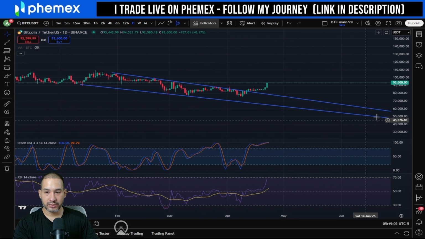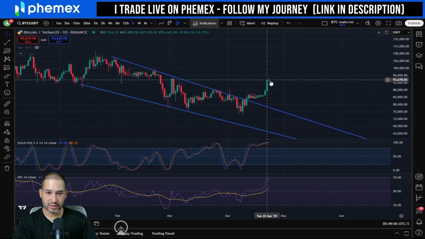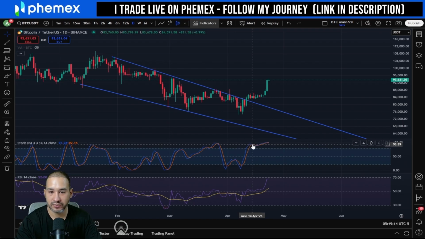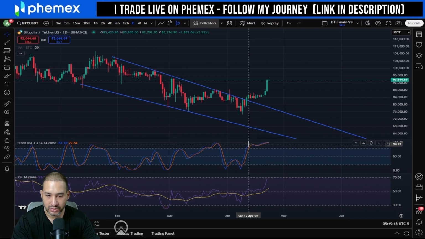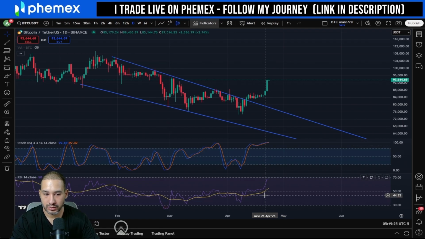On the daily, keep in mind, guys, this is the trend that we're checking out. So you can see on the stochastic RSI, we've managed to stay up at these very high levels for April 12th, so almost 2 weeks. And the RSI just started joining us or coming up.